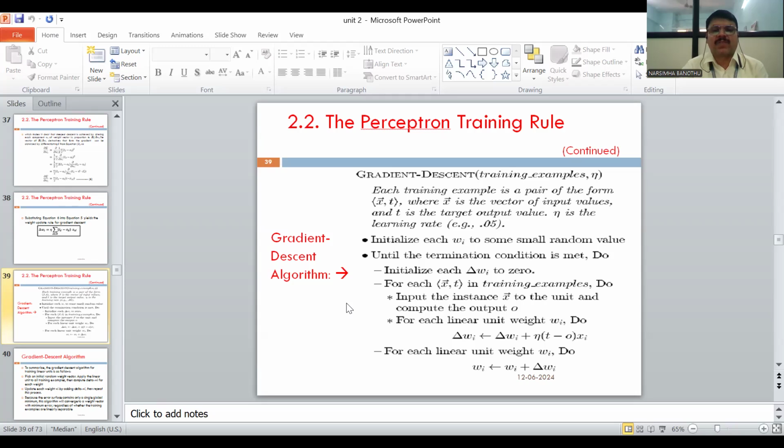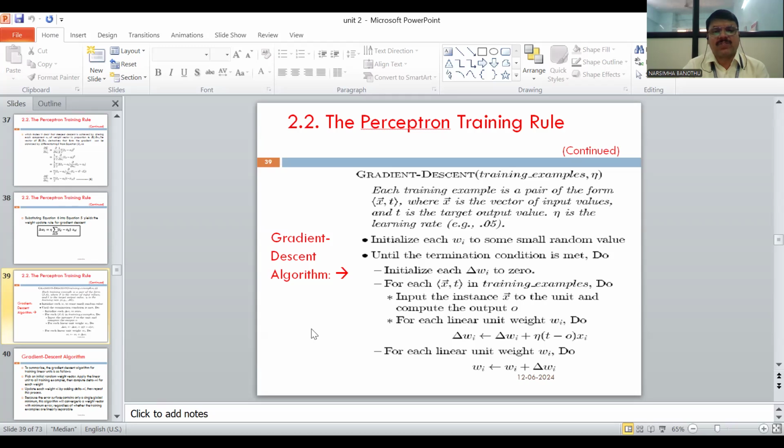And eta is the learning rate. So initialize each Wi to some small random value, and until the termination condition is met, repeat the algorithm. See the algorithm here.